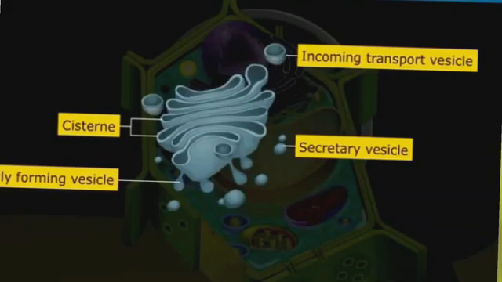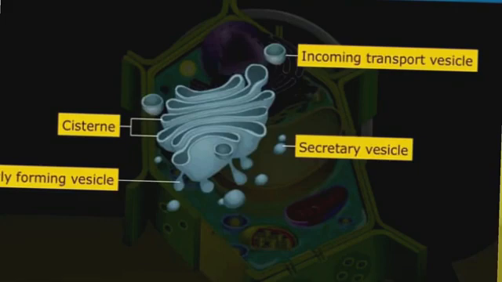The organelle Golgi complex was discovered by Camillo Golgi in the year 1898. Who discovered Golgi complex? Camillo Golgi discovered Golgi complex in 1898, by using a compound microscope.